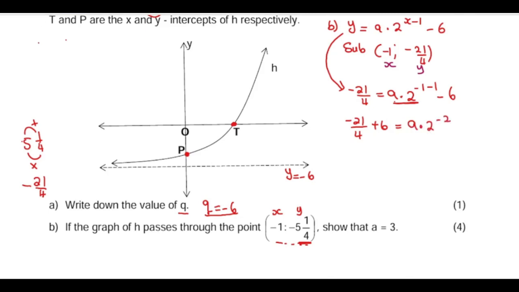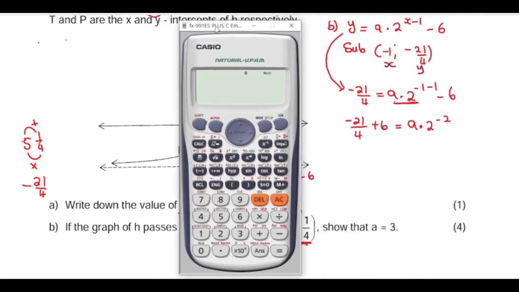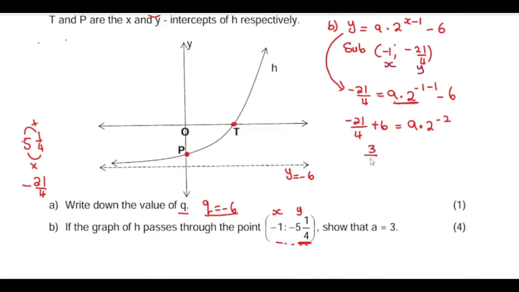So let's quickly put that on the calculator and see what we get on the left hand side. So I'm going to say this is negative 21 divided by 4, and we are adding 6. So when we add these two, we get 3 over 4 on the left hand side. So this will be my 3 over 4. We equated this to that.